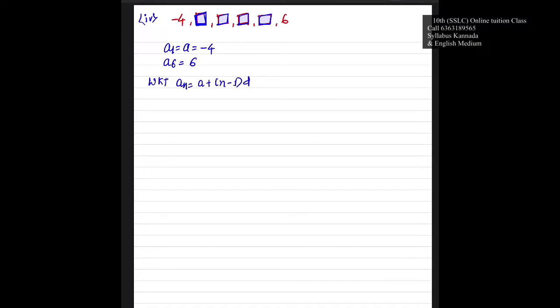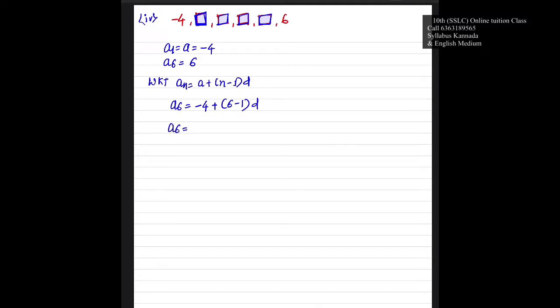ಓಕೆ, ಸೊ ಇದು ವ್ಯಾಲ್ಯೂ ಇದೆ. So what is an, that is a6 I take. Okay, so the first term is -4 plus n, that is 6 minus 1 into d. We don't know the value of d, we have to calculate the value of d.